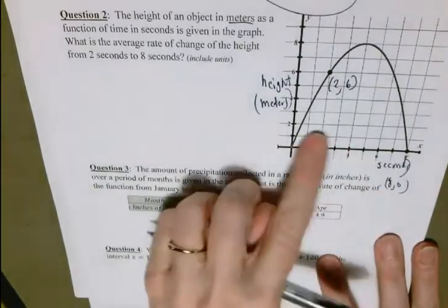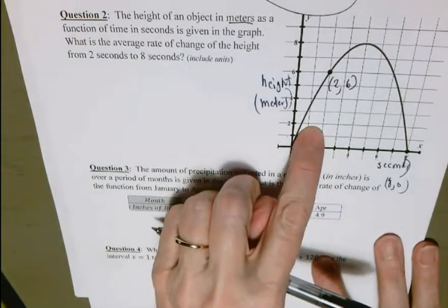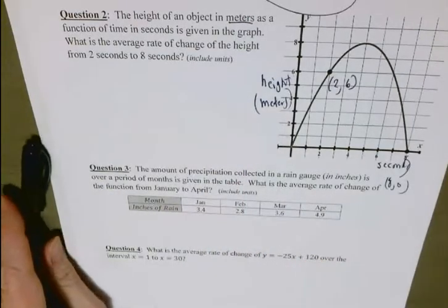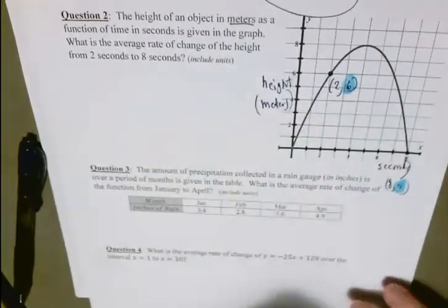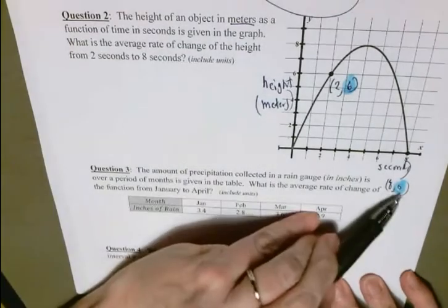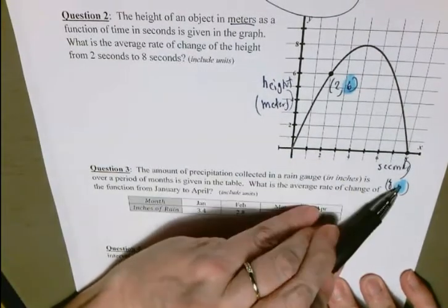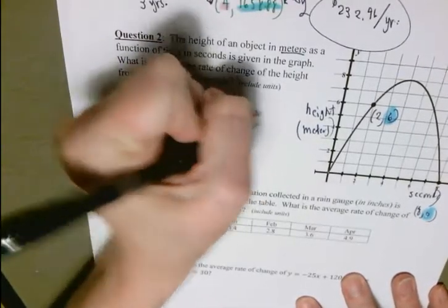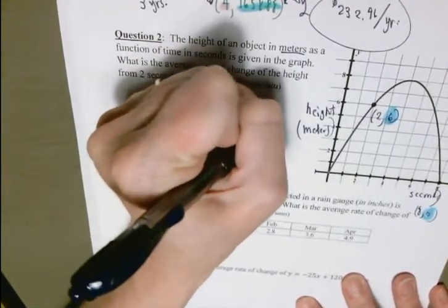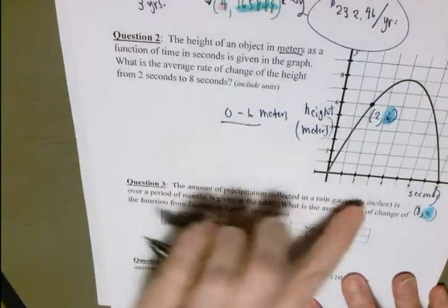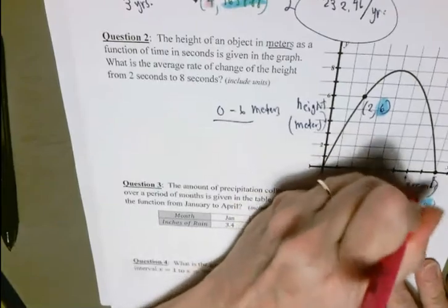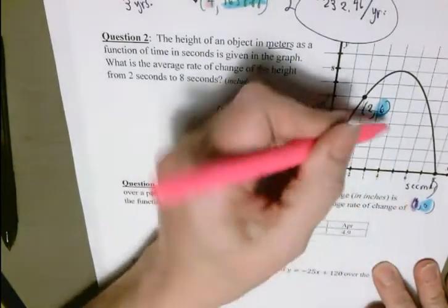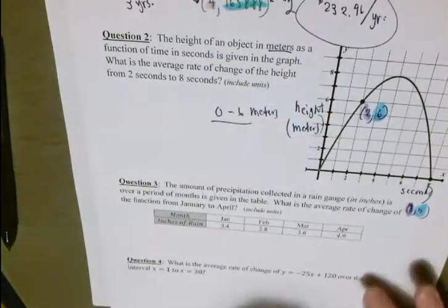0. So if we want the rate of change or average rate of change, remember change in y goes on top. So 6 to 0. Always do your second y minus your first y. So that's 0 minus 6. And these are meters. And then on the bottom, we're going to do change in x. So your second x value is 8, and your first x value was 2.